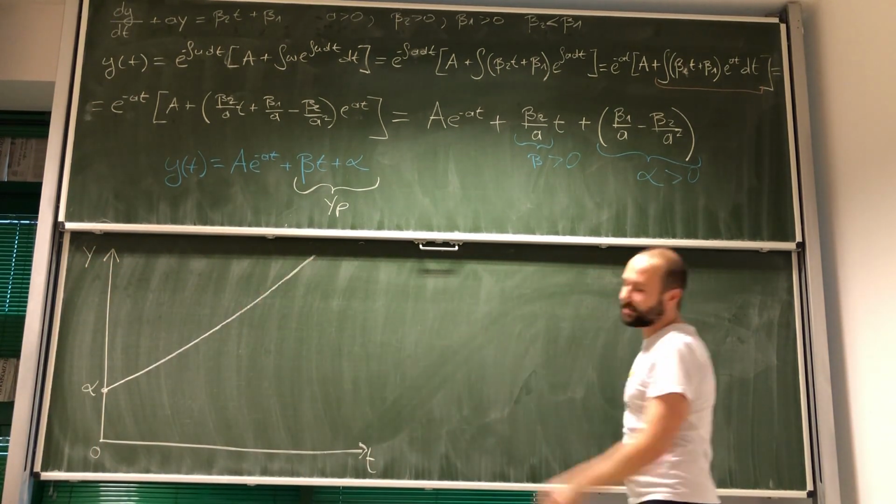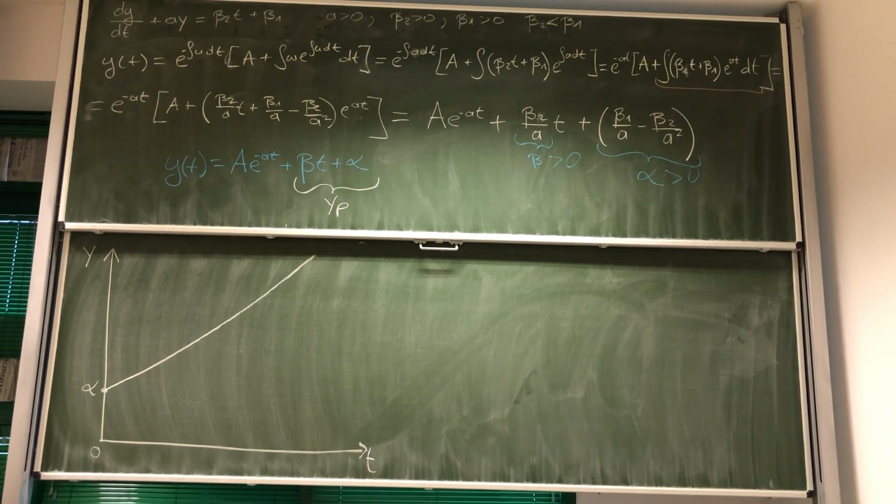So this is equilibrium GDP. We see that it is characterized by a linear time trend. And this is a very good description of reality. Usually, GDP is characterized by a nearly linear time trend over very long time horizons.